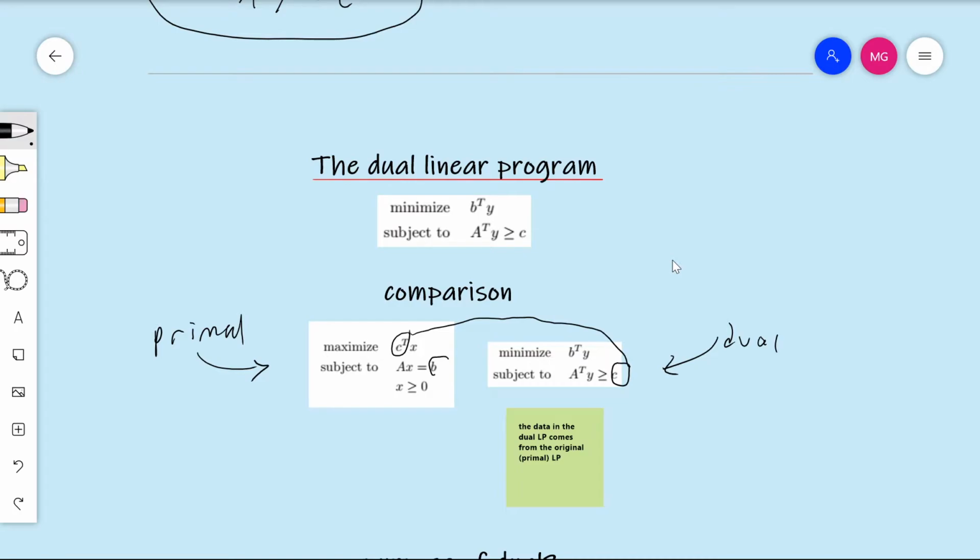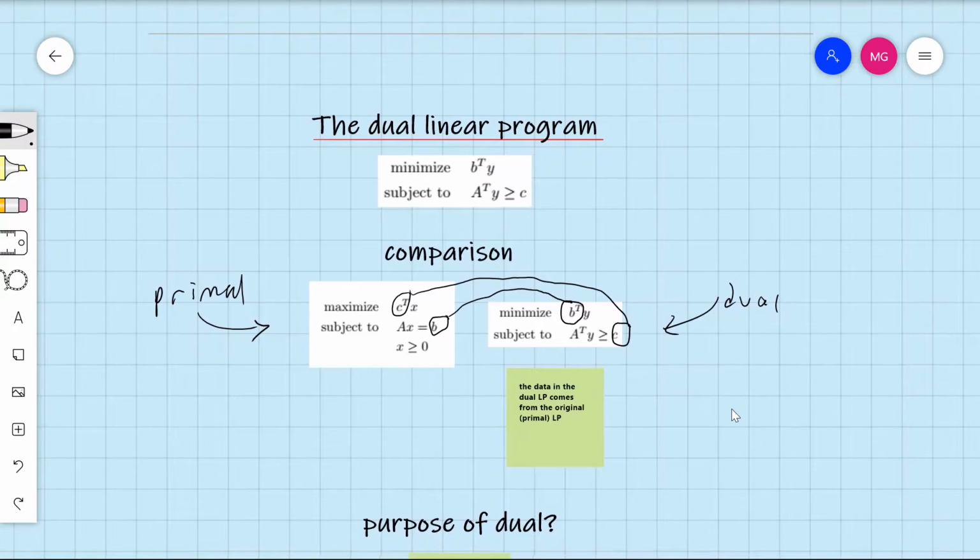And the right-hand side components of the constraints in the primal became the objective function coefficients in the dual. So objective function coefficients and right-hand side components of constraints flip places in primal and dual. That's a pretty interesting pattern. And then also this matrix A just became transposed in the dual. So that's the correspondence of the data.